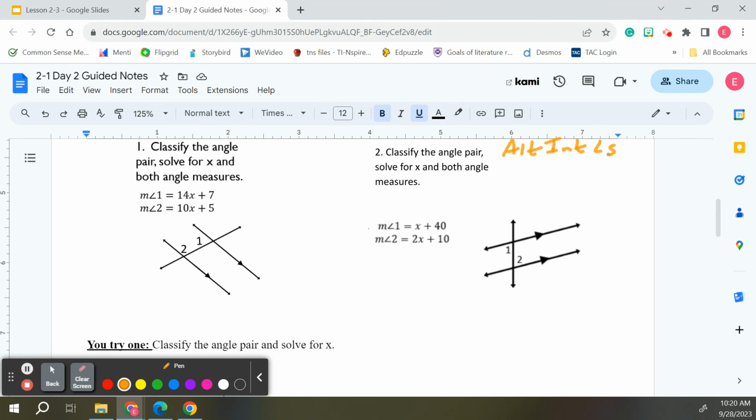Since they are congruent, I have the measure of angle 1, which is x plus 40, and the measure of angle 2 is 2x plus 10. I'm going to set them equal to each other. This will be x plus 40 equals 2x plus 10.